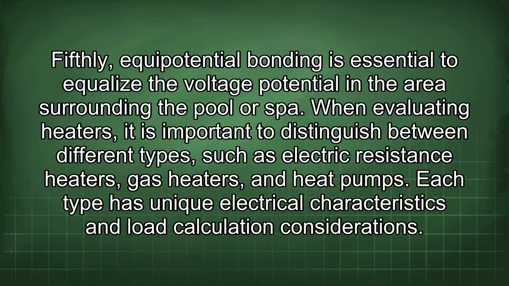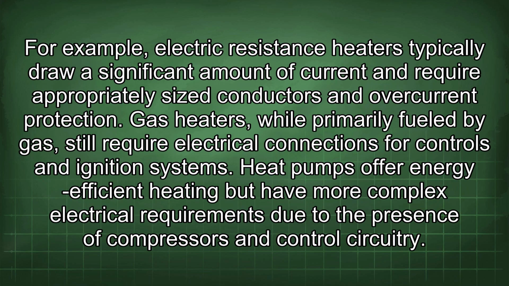When evaluating heaters, it is important to distinguish between different types, such as electric resistance heaters, gas heaters, and heat pumps. Each type has unique electrical characteristics and load calculation considerations. For example, electric resistance heaters typically draw a significant amount of current and require appropriately sized conductors and overcurrent protection.